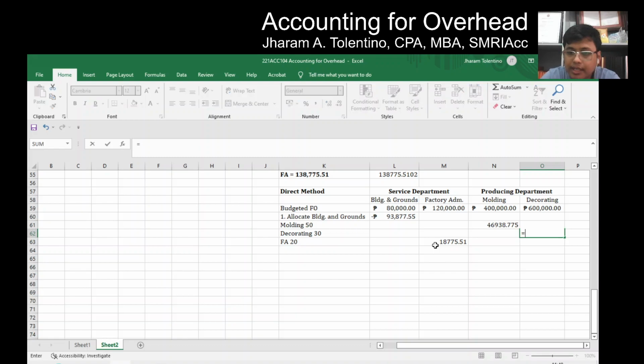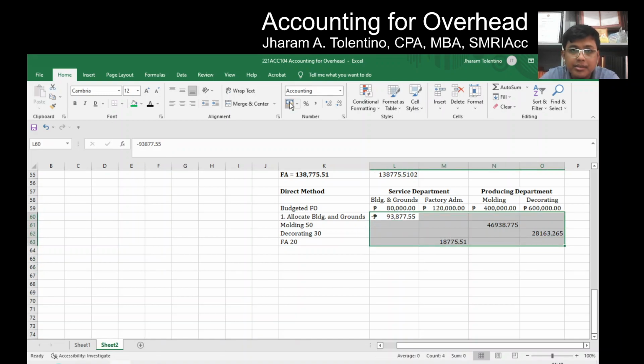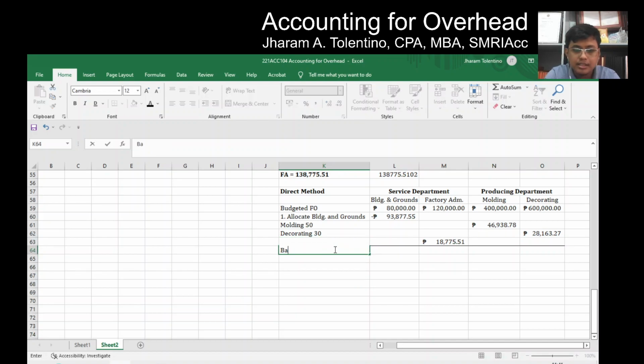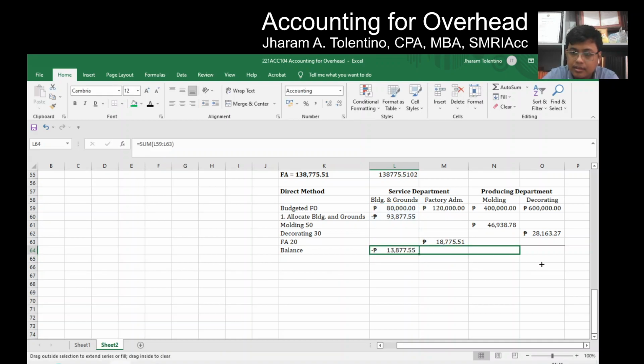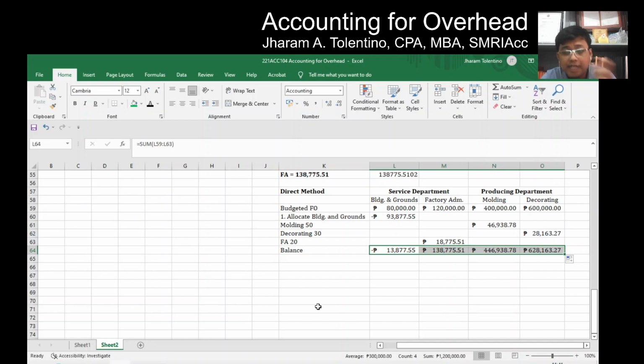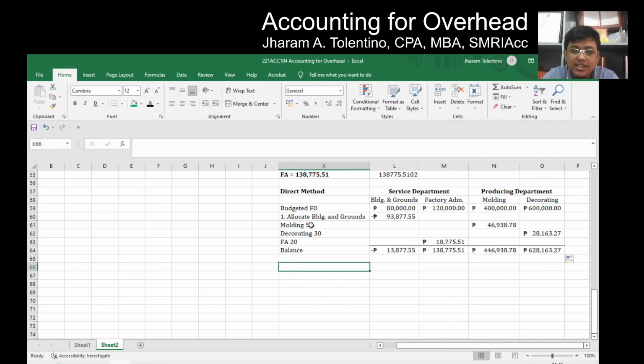And then sa decorating will have 93,877.55 times 30% or 0.30. Yan na. Pwede natin peso sign. And then get the balance. Check na to. So, i-allocate nyo siya na parang direct method, pero not necessarily yung direct method sa taas. Okay? Yung paano siya nagbigay ng services.